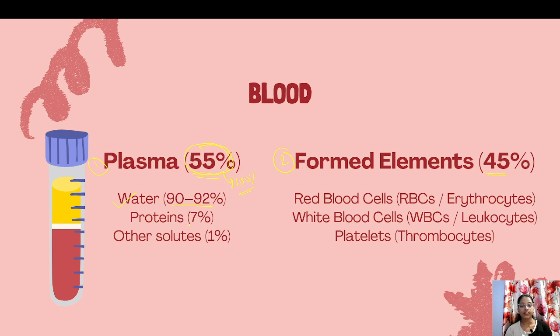Then 7% proteins are present, and the remaining 1% is other solutes like electrolytes and nutrients. Next, the formed elements are composed of three types. First is RBCs, red blood cells, also called erythrocytes, then white blood cells, also called leukocytes, and platelets, also called thrombocytes.